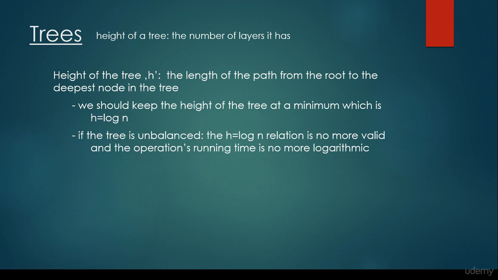Why? Because if the tree is unbalanced, then the h equals log n relation is no more valid and the operation's running time is no more logarithmic. So that's why we can end up with a quite slow algorithm, even with binary search trees, if the tree becomes unbalanced. And unfortunately, for most of the cases, this is what's happening. So that's why we are going to consider balanced binary search trees, such as AVL trees and red-black trees.